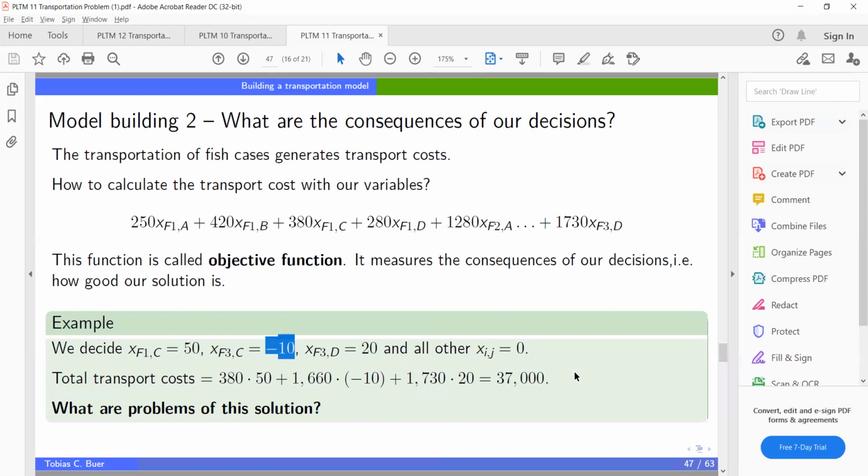And another problem that is more difficult to see if we only look at this small context. You mean the 0, that all the other transport relations are 0? Do you mean this as a possible problem, that everything else is 0?